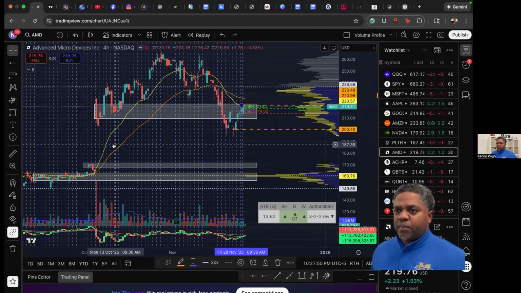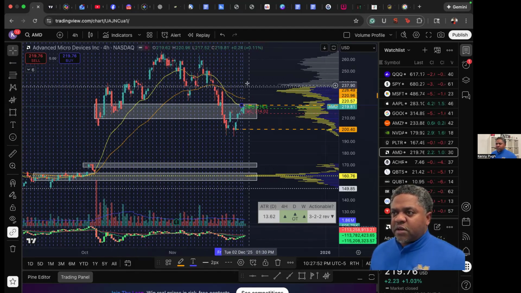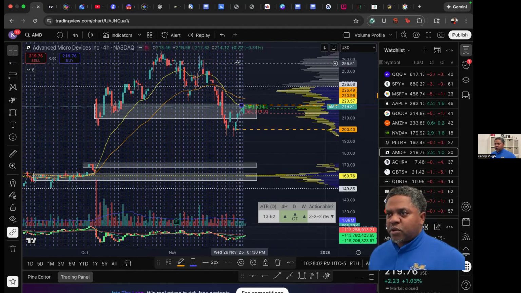If the 21 is above the 50, then I'm typically looking for longs. If the price extends or gets too far away from the MAs, then we may look to take a counter trend that would anticipate or keep an eye on a reversion back to the mean. And so that is typically how I attack the chart.